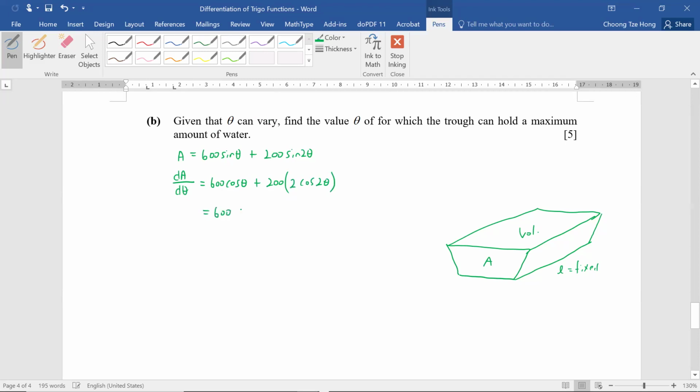So it's going to become 600 cosine theta plus 400 cosine 2 theta. So this is dA d theta. At stationary A, dA over d theta is going to be equal to 0, so we're going to equate this to 0.